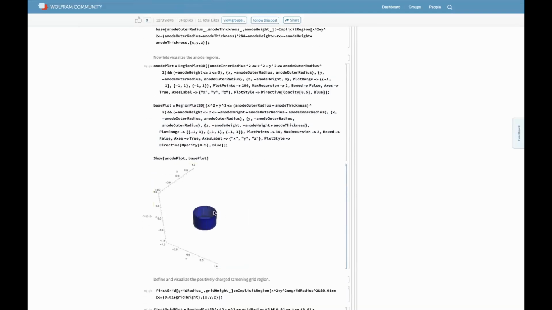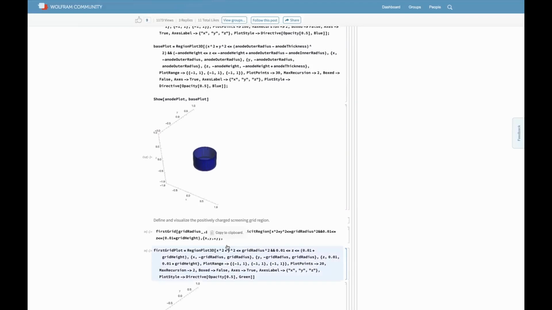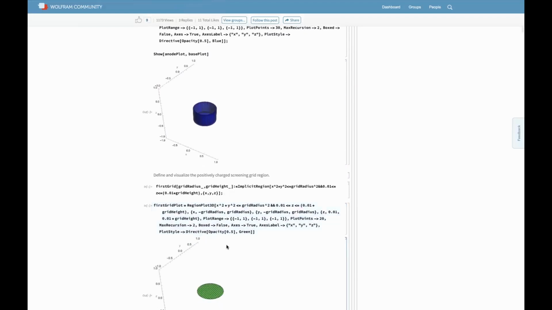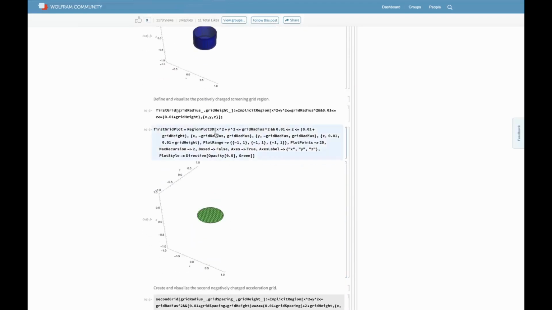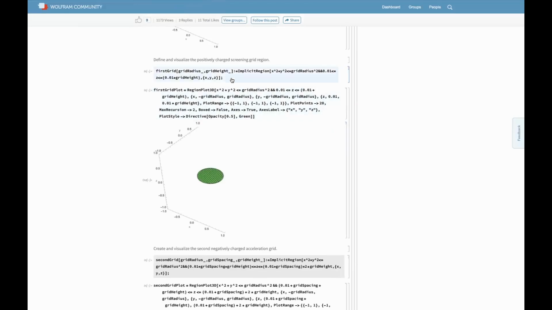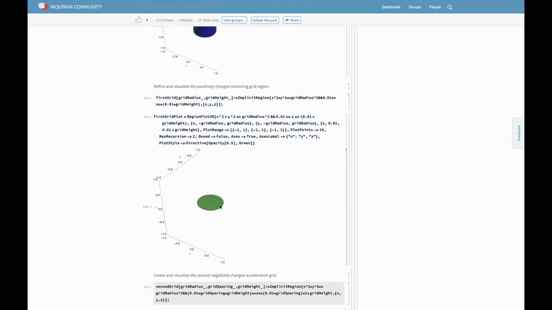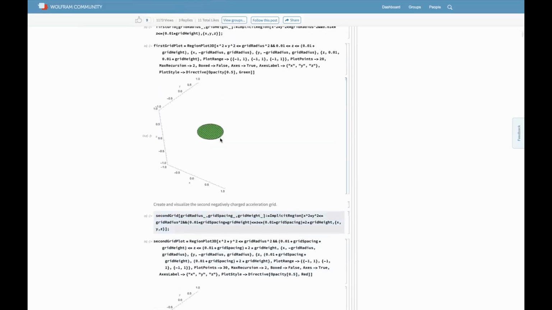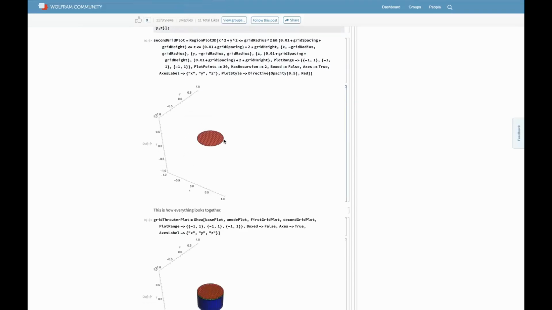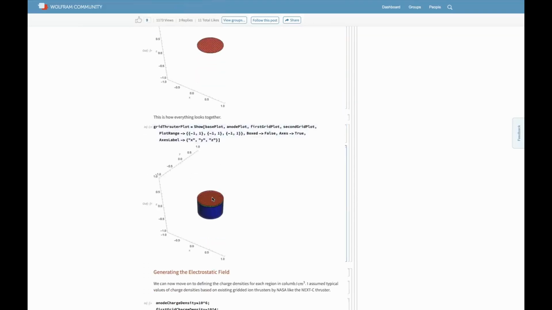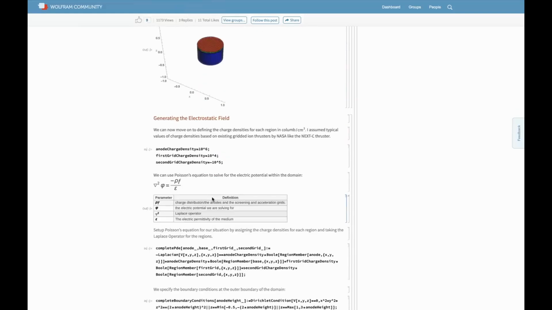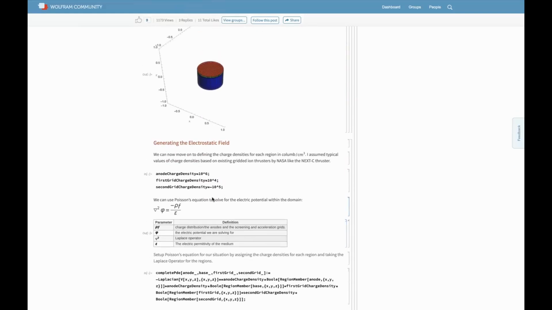I made the basic shape, you can see the hollow cylindrical cone. And I also made the positively and negatively charged grid regions, as seen in the green and red discs, and plotted them all together. And so obviously, just having the shape, we can't do anything.